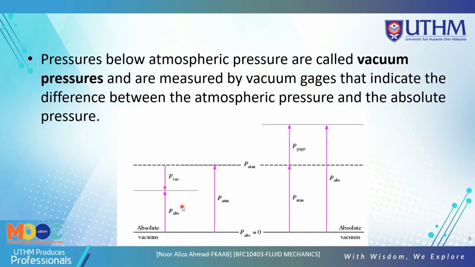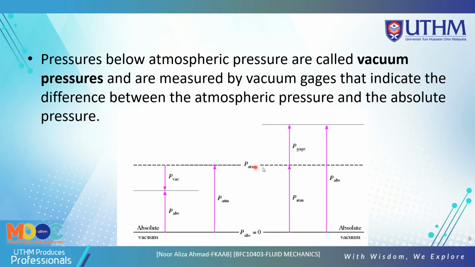To find P atmosphere, P absolute plus P vac gives you P atmosphere. This is based on the figure. To find the P gauge, P absolute minus P atmosphere gives you P gauge. Actually, the pressure below atmospheric pressure is called vacuum.